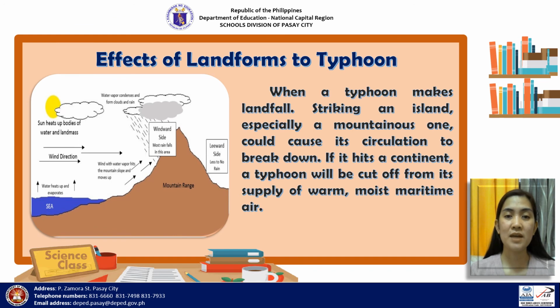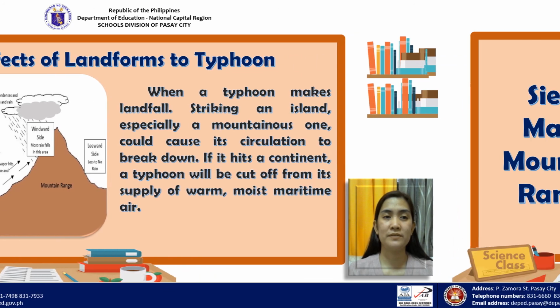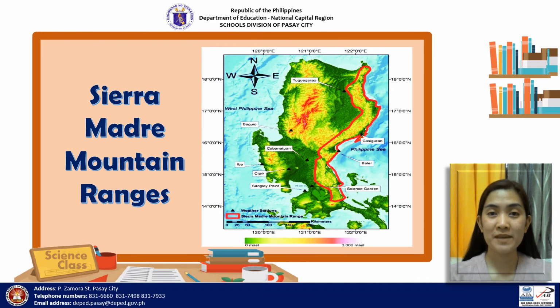If it hits a continent, a typhoon will be cut off from its supply of warm, moist maritime air. In the Philippines, the Sierra Madre mountain range acts as a typhoon barrier, weakening incoming typhoons from the Pacific Ocean before reaching the mainland.